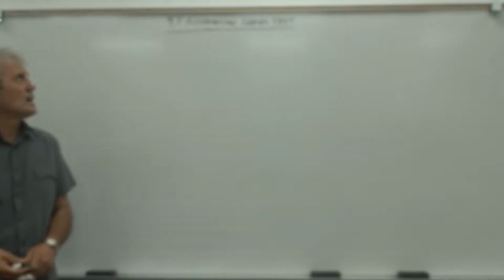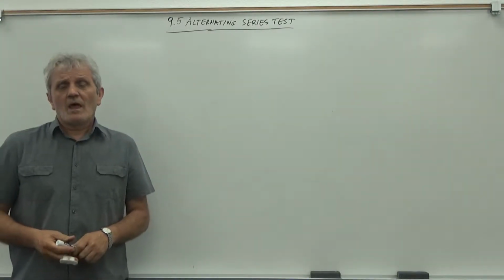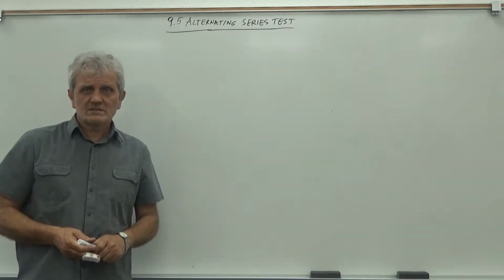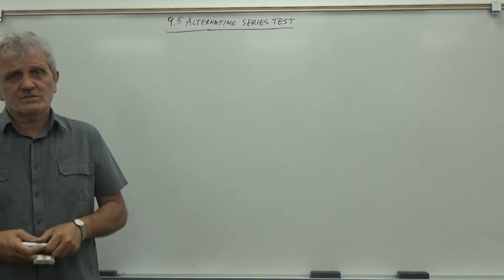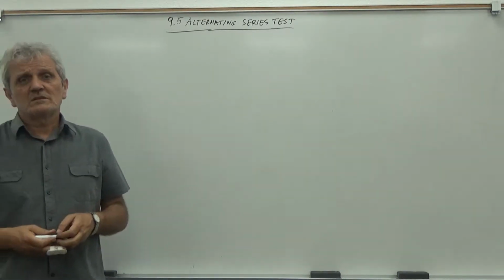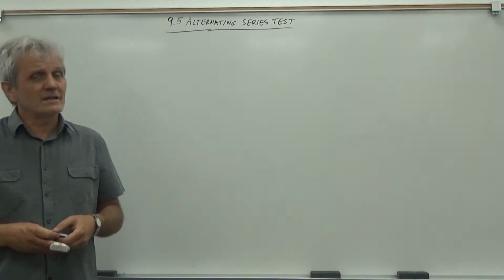In this section, our topic is the alternating series test. The big difference between this section and the previous ones is that in previous sections, 3 and 4, we assumed that the members of our series are all non-negative.